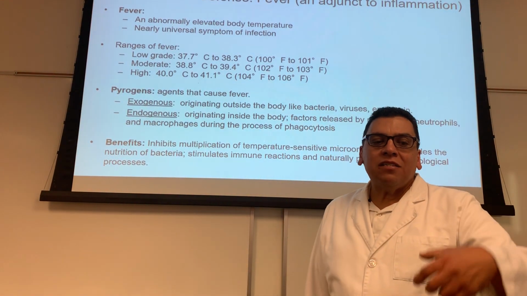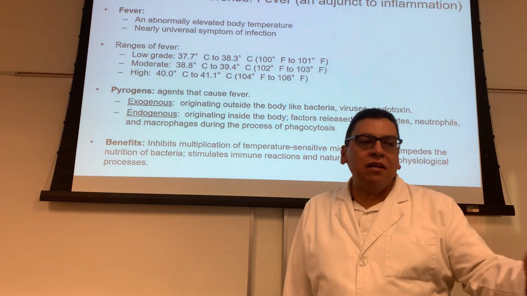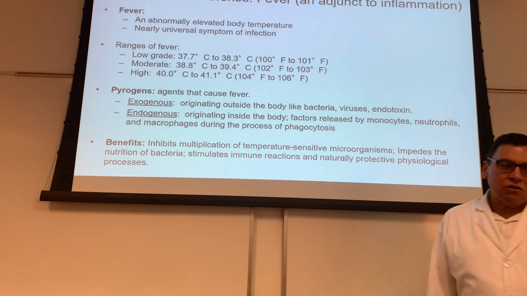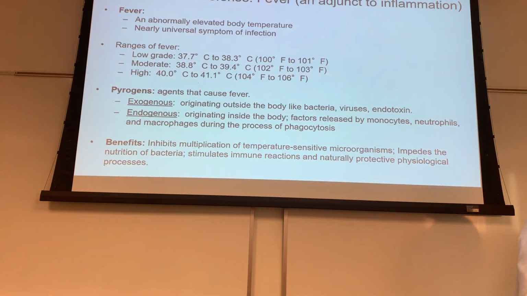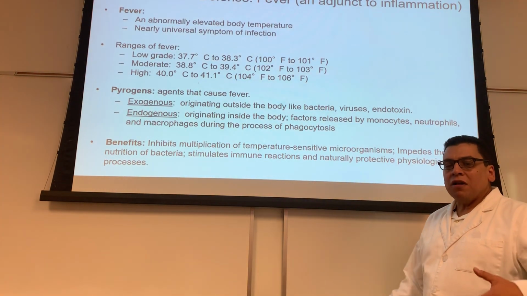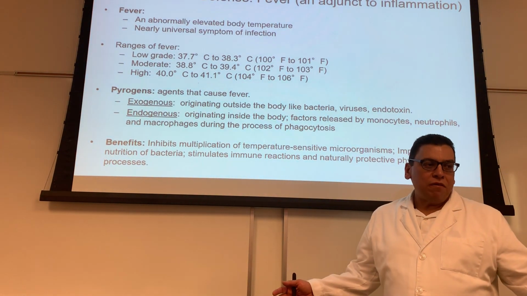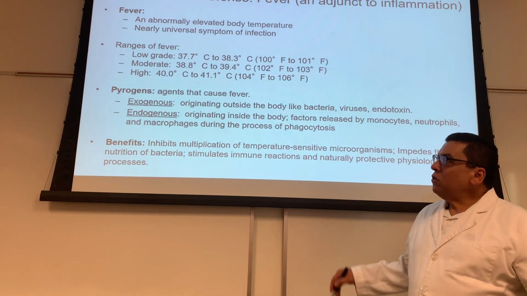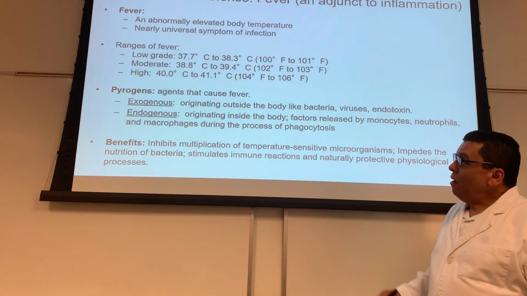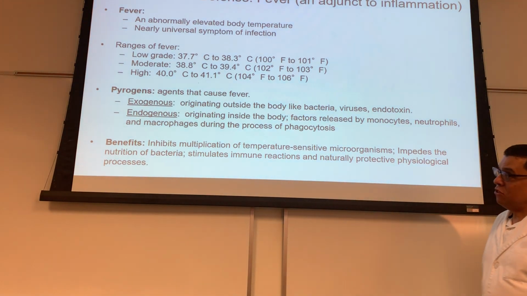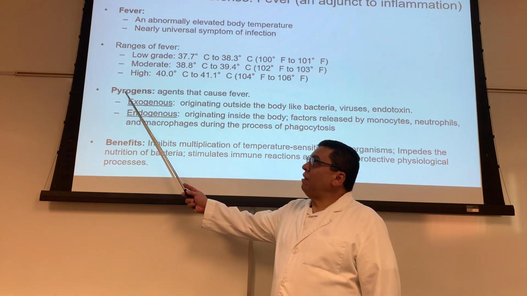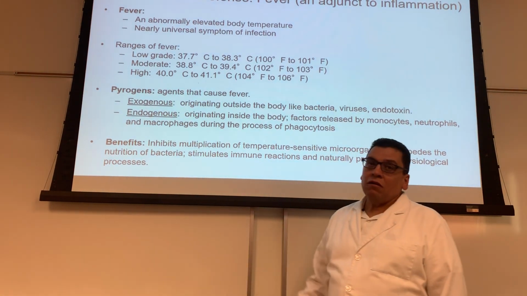They send chemokines and cytokines and things like that, and that causes your temperature to also go up. But that's endogenous. That's your cells releasing these factors in the process of them fighting off the pathogen. So you can develop fever from either exogenous or endogenous agents, or pyrogens, which are fever generating or heat generating agents.